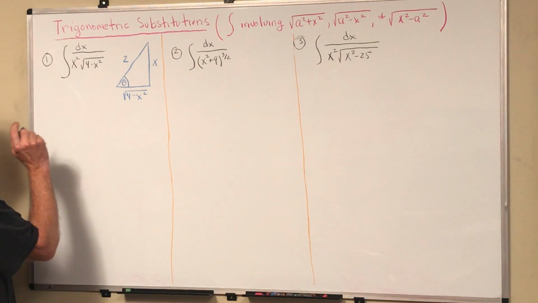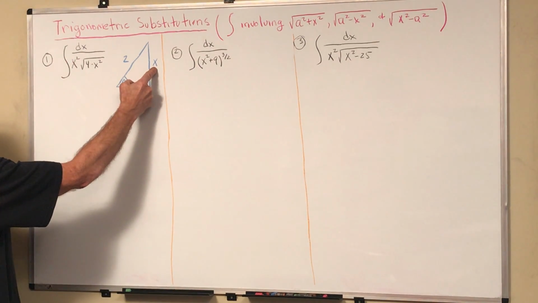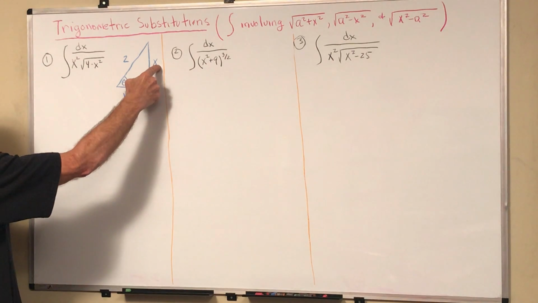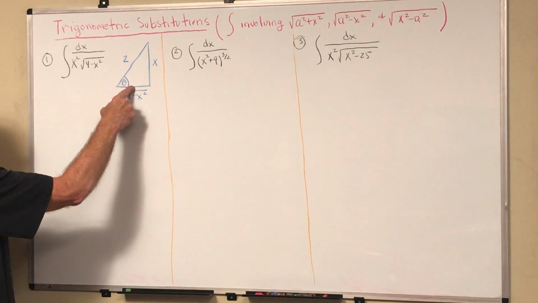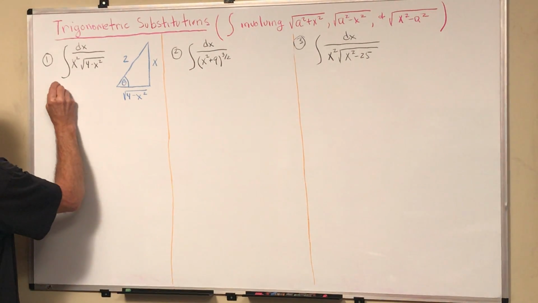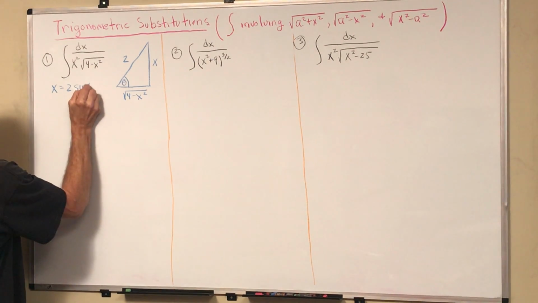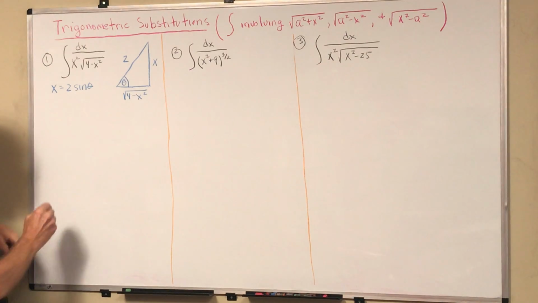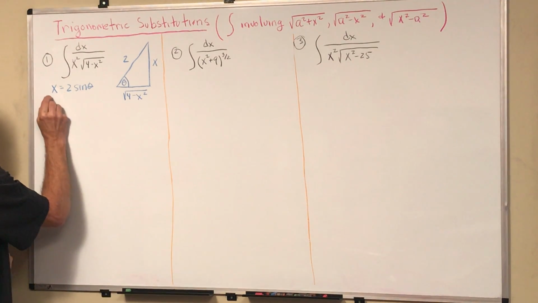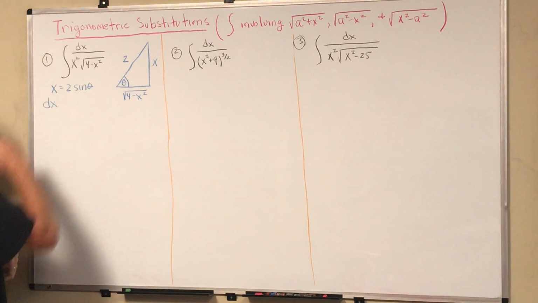So the first thing you're going to do then is create what x is. In this case, x divided by 2 in this triangle is the sine of theta. So you can say x is 2 sine of theta, and then you're always going to get the differential, dx, because you're going to need it in every integral.